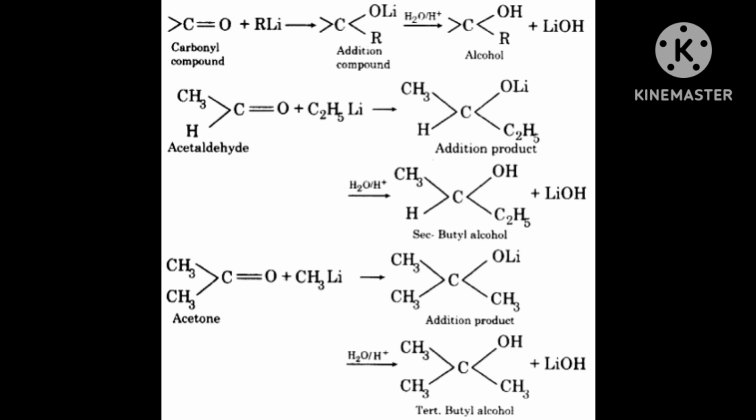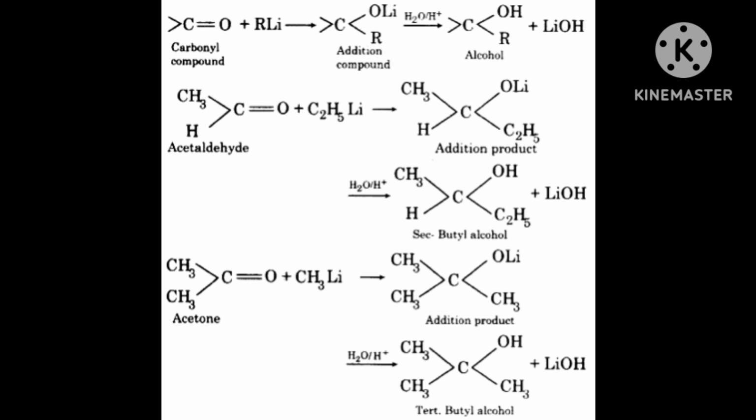Then R will have positive charge and OH will have negative. Always remember, OH will be negative charge. R-OH was there, now it becomes R positive, OH negative. Then this R positive will go to the negative oxygen, so R will join there.